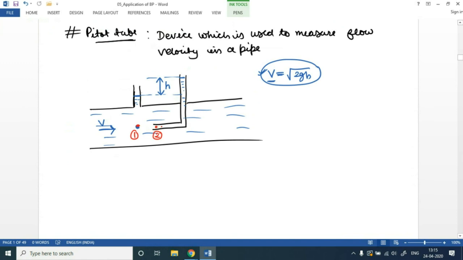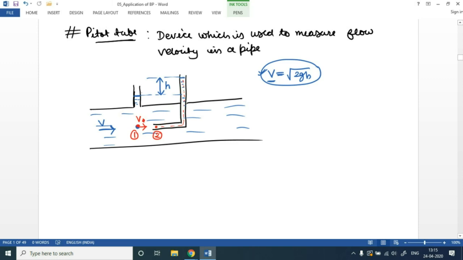Now you realize the velocity at point 1 is going to be the same as the flow velocity, that is simply v. V1 is equal to v. Once the liquid has reached this level, there will be no longer a flow of liquid in the upward direction.